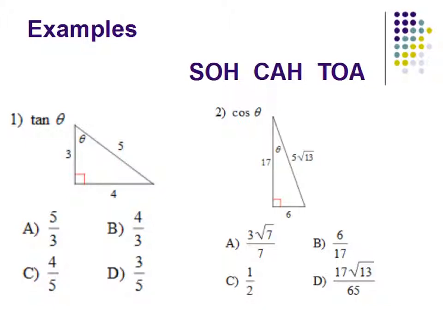Okay, so what you have to remember is tangent is opposite over adjacent. So theta they put up here, so opposite of theta is down here, 4, and adjacent to theta would be 3. So the tangent of theta should be 4 over 3, or B. Okay, once you pause the video, you try number 2.